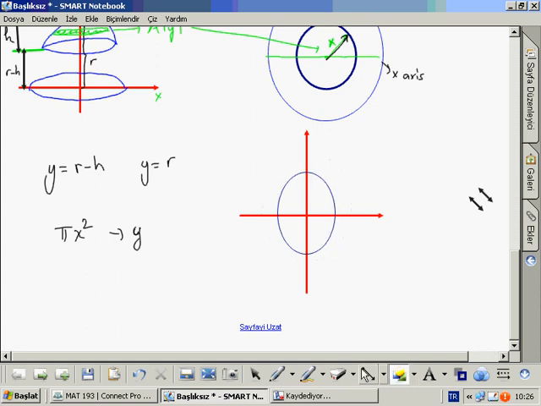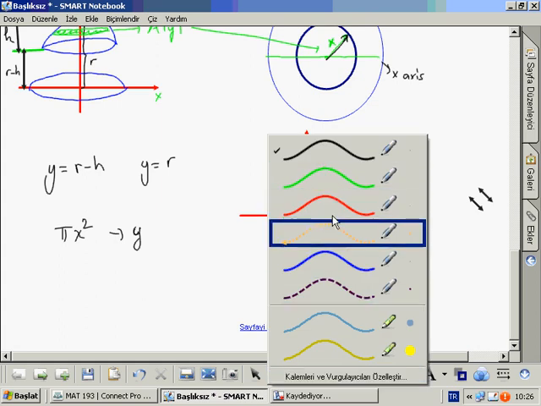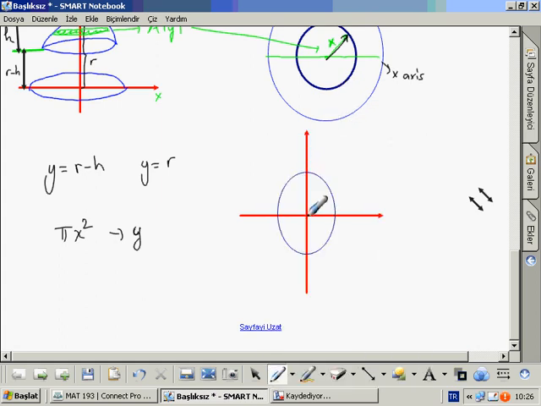This is r, and there is a part which is the cap, and the x, we know that here is A of y.